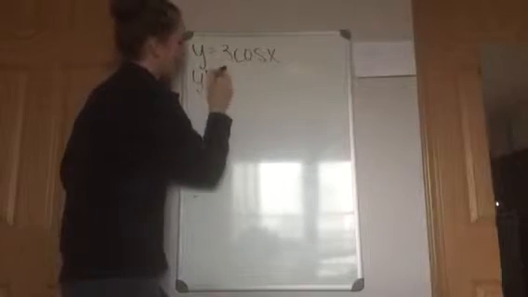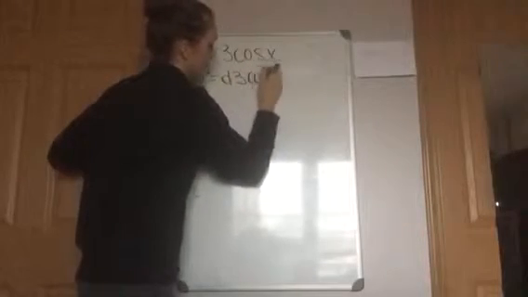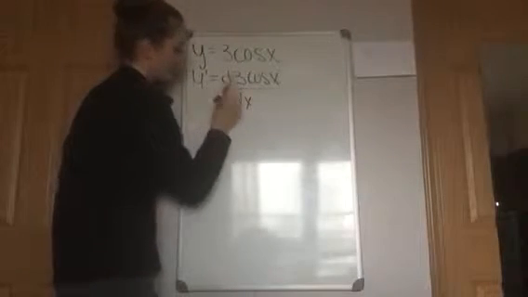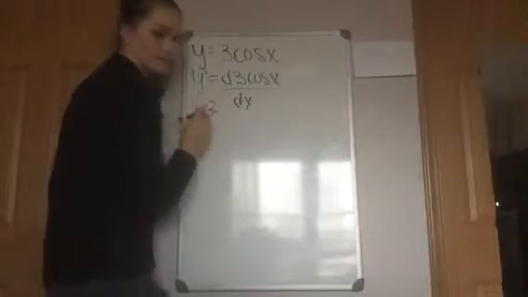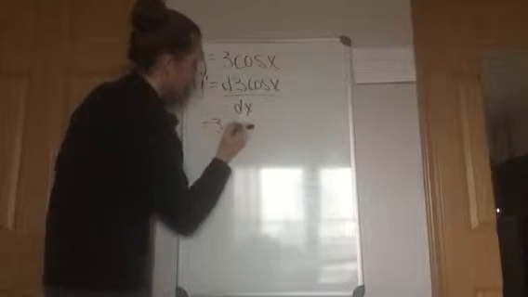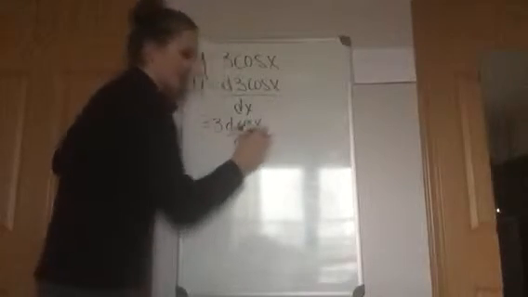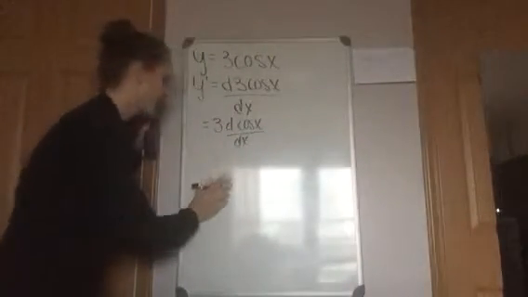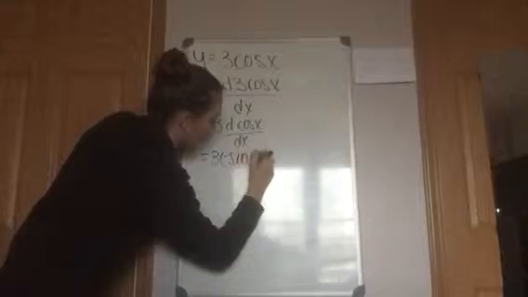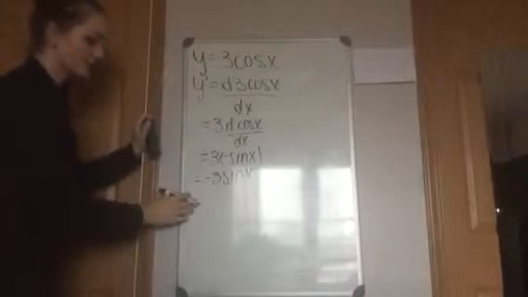So the derivative of 3 cos x with respect to x equals, we can pull this 3 out, the derivative of cos x with respect to x. And the derivative of cos x is negative sine x. So we have 3 times negative sine x, which equals -3 sine x. So that's our first derivative.